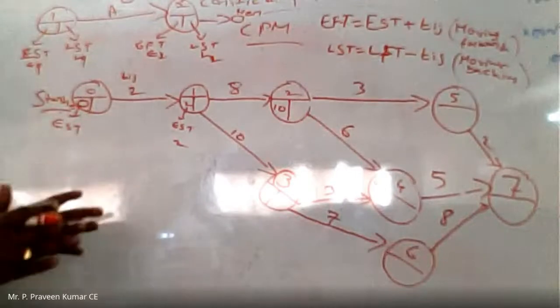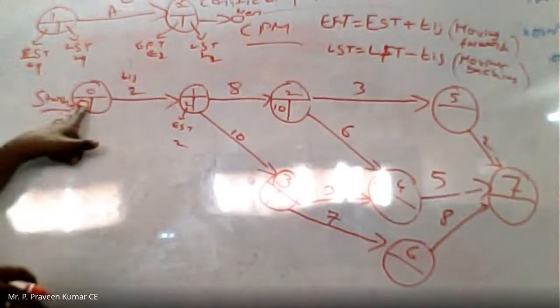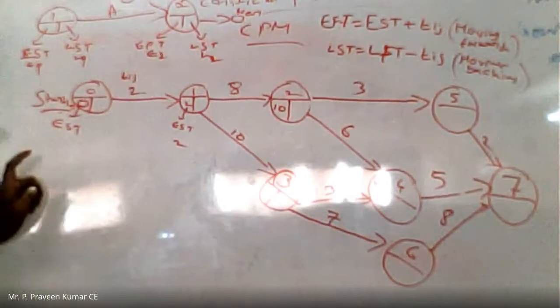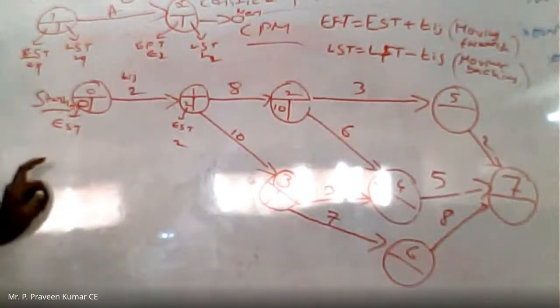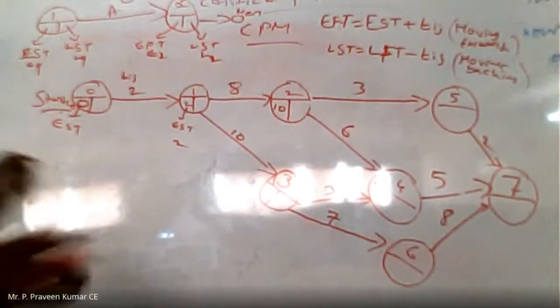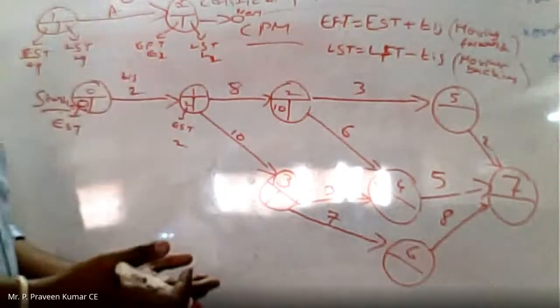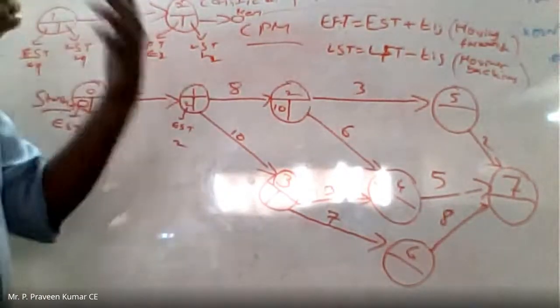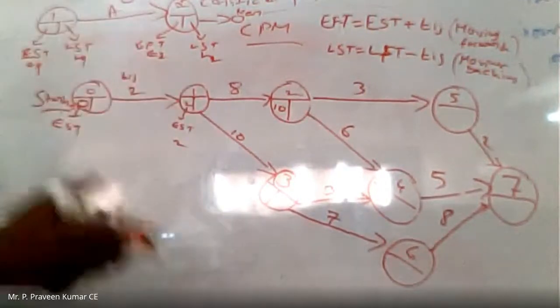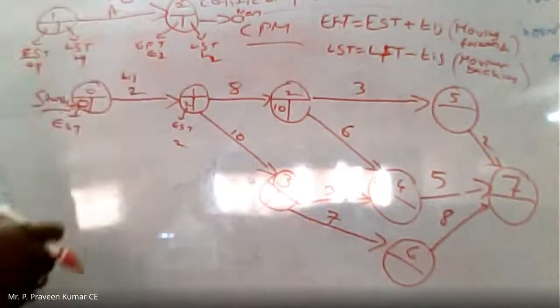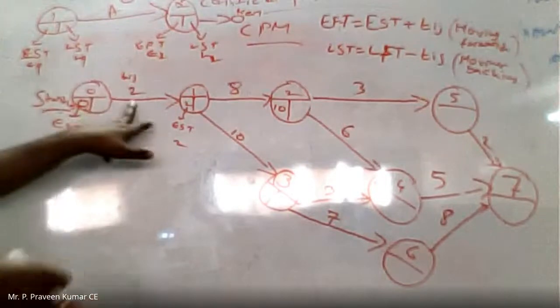See, at the starting, whenever we are starting the project, at that time we need to assume it as 0. EST is 0, that is, the earliest starting point is 0. By this 0, we are calculating the next activity's EST, the starting time of the next activity. How can we calculate it?